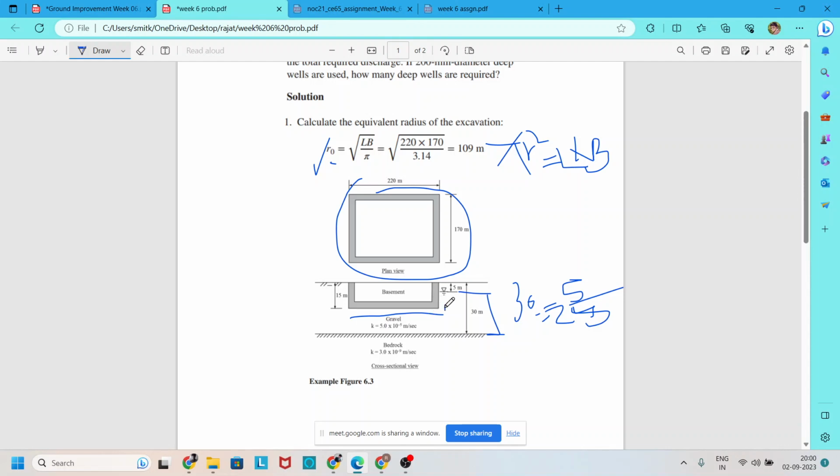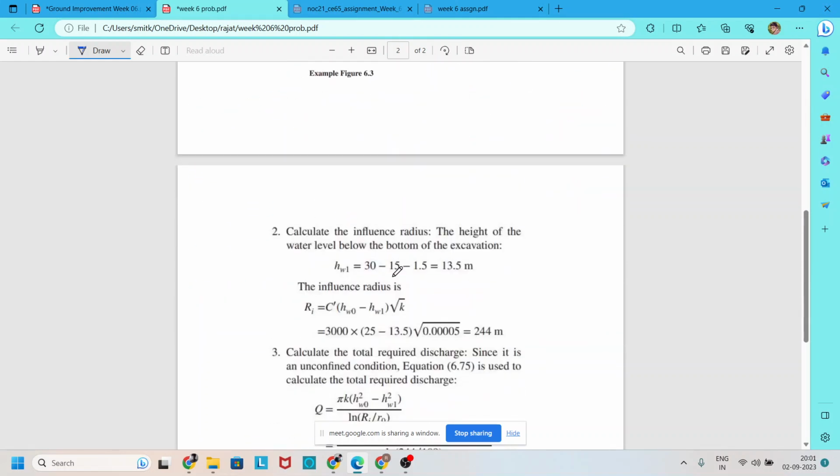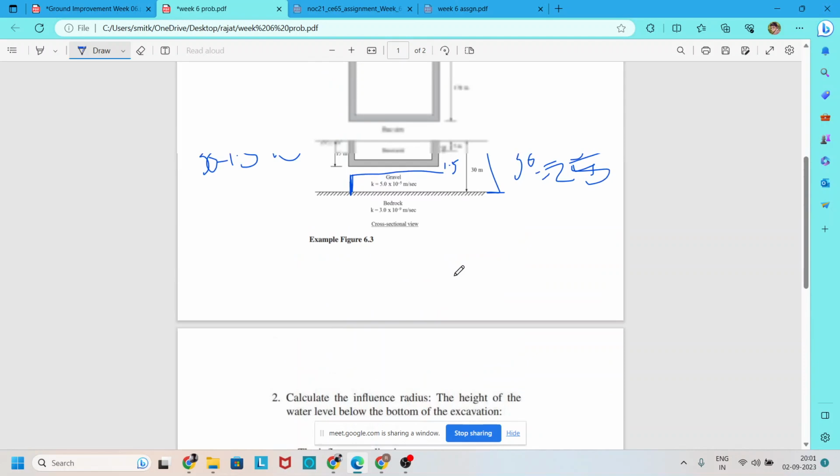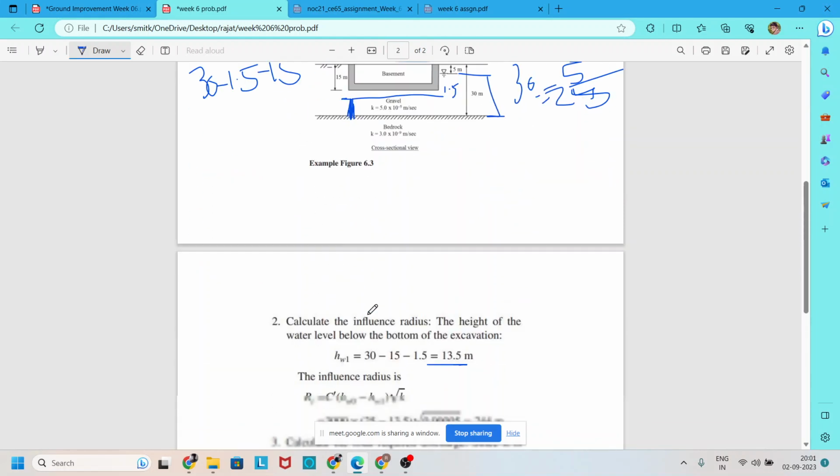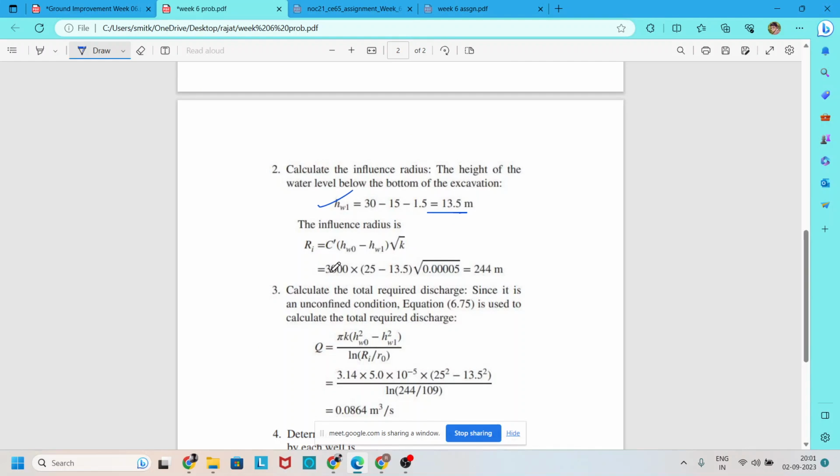That means after pumping, the height is 30 minus 1.5 minus 15 meter, which comes out to 13.5 meter. That is the depth up to which we need to maintain our groundwater table. So we have found Hw1 and also H0.